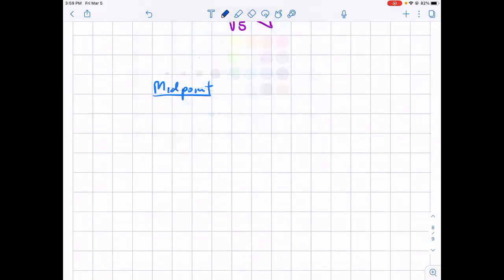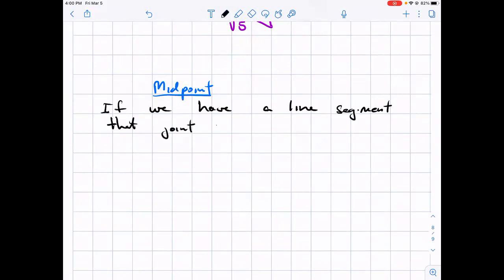So if we have a line segment that joins 2 points, we can find the middle, known as the midpoint.